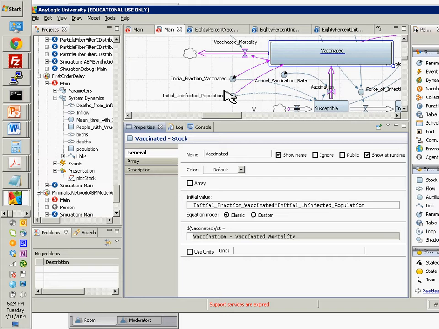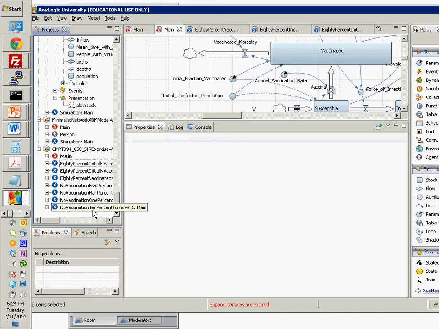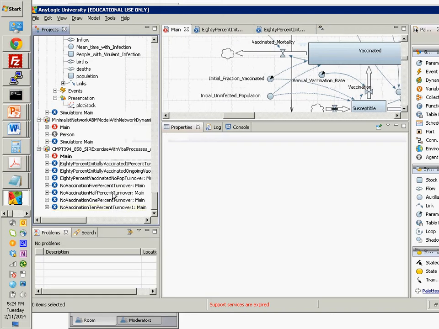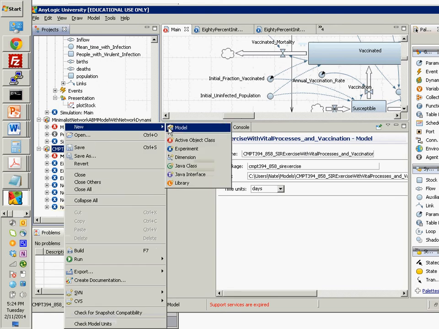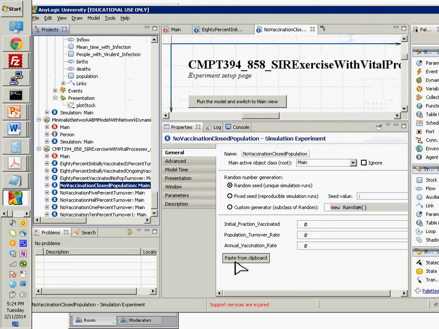So with that philosophy in mind, ladies and gentlemen, I would like to first suggest we examine a situation where we have no vaccination, and I'm going to remind us of what we saw last time. So I'm going to run a new experiment here, and it's going to be no vaccination, closed population, 0 population turnover.